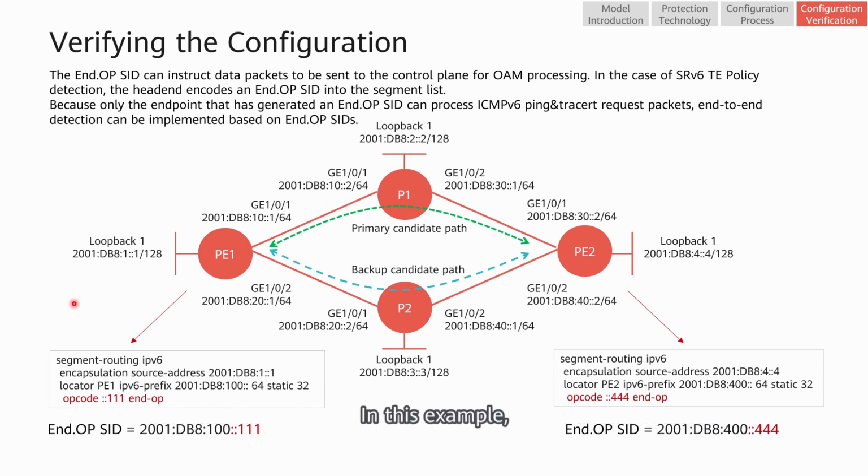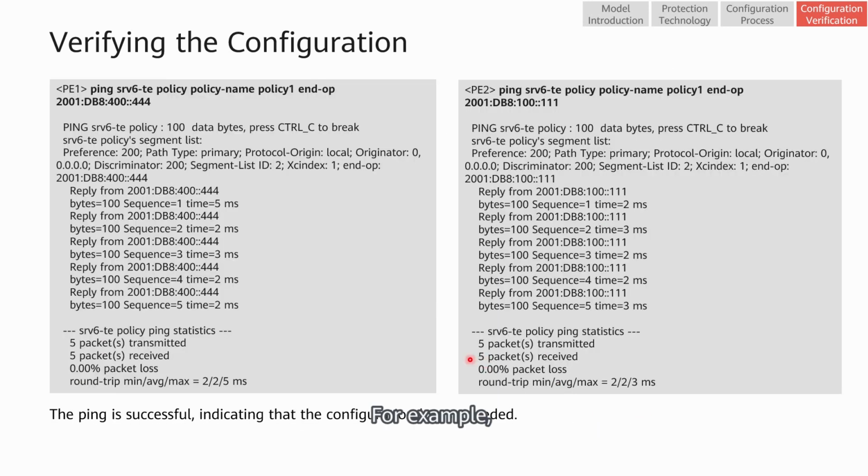In this example, one of the highlighted seeds is configured on P1 and the other is configured on P2. Now it's time to perform a ping. For example, we can run the ping command on P1 to ping the SRv6 TE policy, with the end.op seed configured on P2 being specified. The command output shows that the ping succeeds.